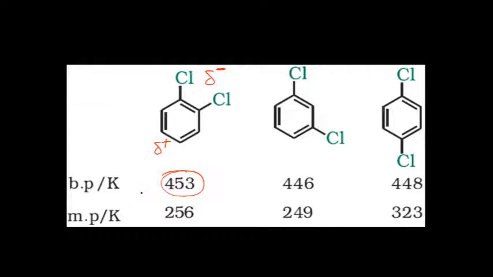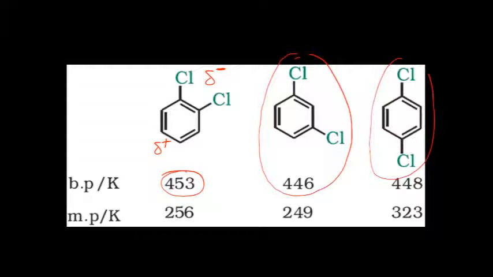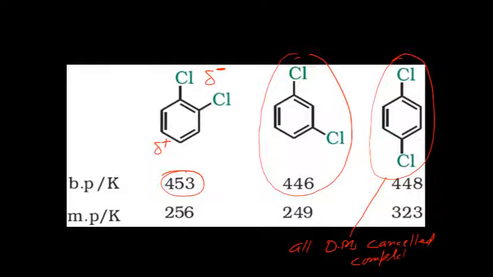Due to greatest polarity. Now the question is why the para one has lower boiling point than this one, because here all the dipole moments are cancelled completely, zero dipole moment. But here comes into picture the symmetry. Symmetry overrides the dipole cancellation.